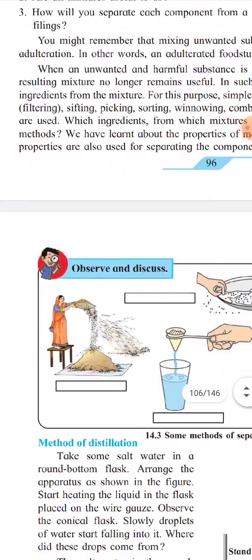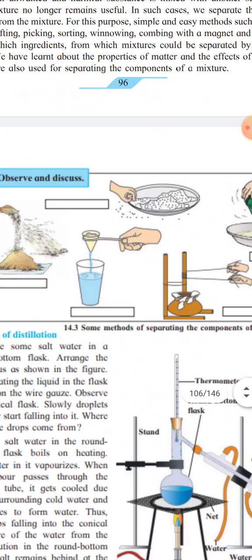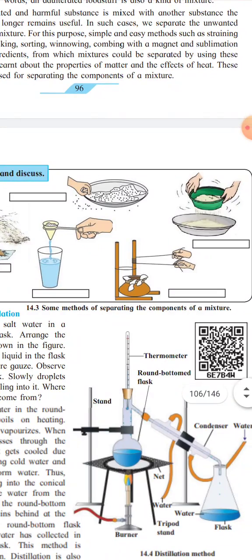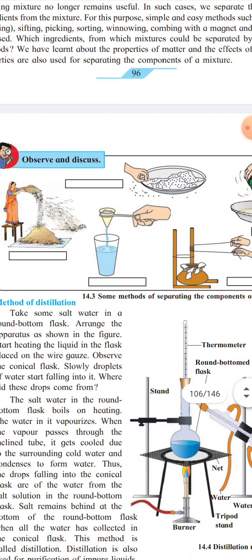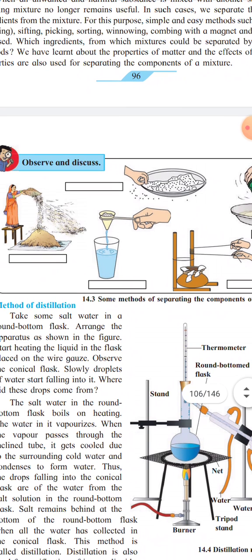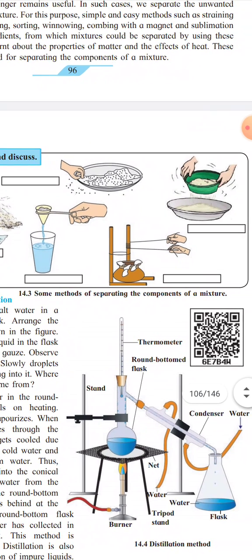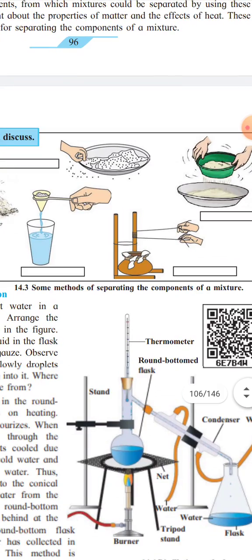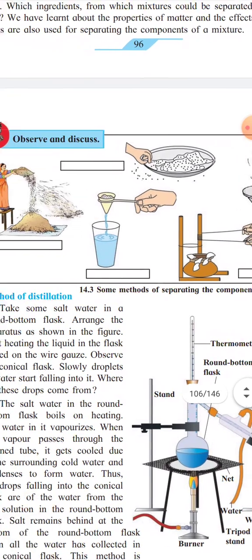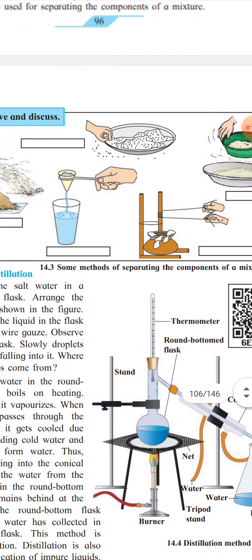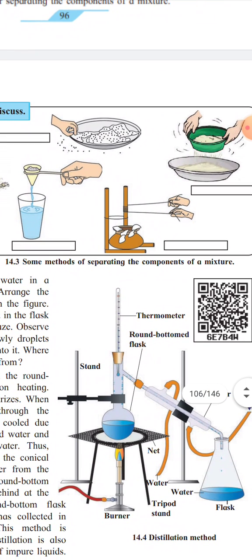As you will get to see, observe and discuss, these are some methods of separating the components of a mixture: winnowing, sieving, straining, picking, sorting, using a magnet, and churning of milk to separate the butter and buttermilk. In this way, these are some methods to separate the components of a mixture.